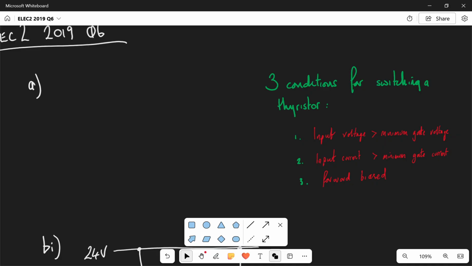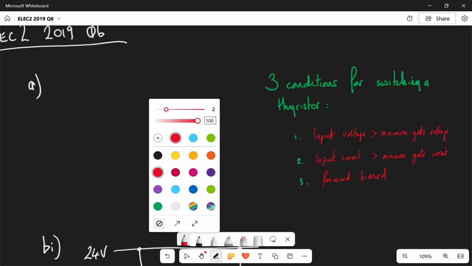And when you look further down, E. Obviously with a thyristor the voltage doesn't need to remain high, because the thyristor latches once you've exceeded this minimum gate voltage. So the answer for this particular question is C and E.